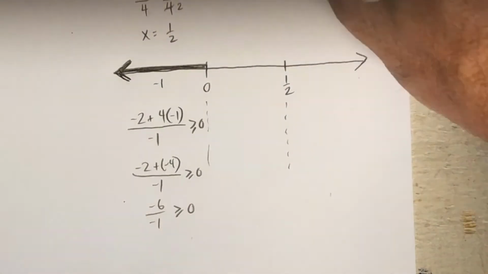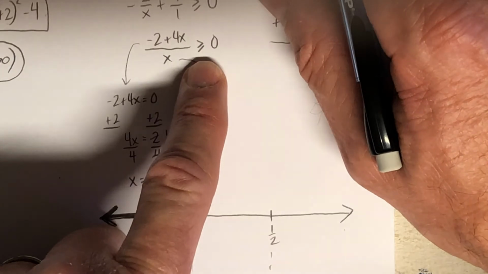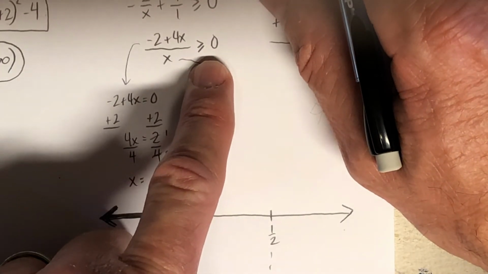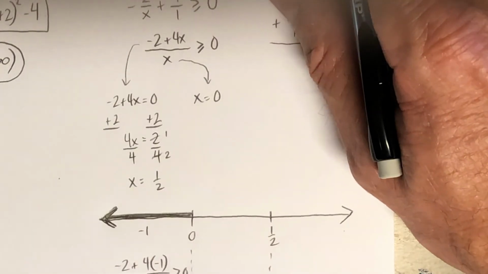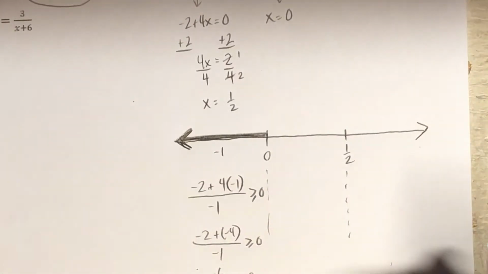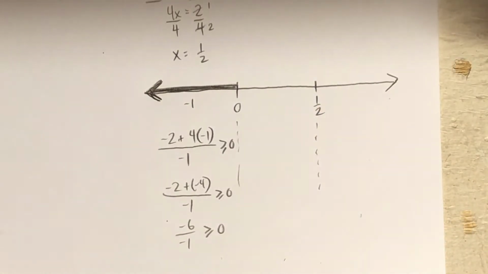It's going to make this statement up here true, which means it's going to be greater than or equal to 0. All the numbers in here are going to be greater than or equal to 0 here, which means that they make the radicand greater than or equal to 0, and that means that those numbers right here are going to be in the domain.